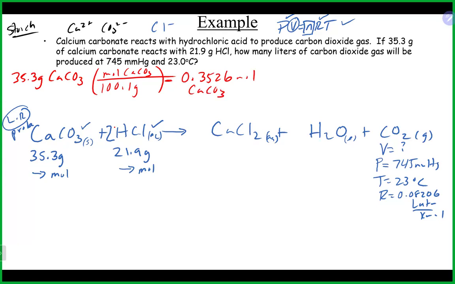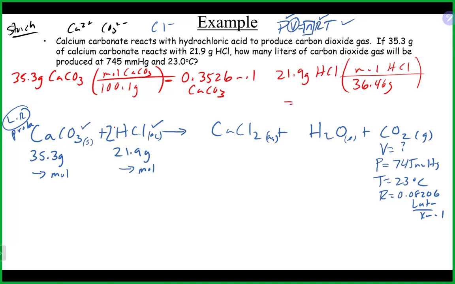We'll do the same thing for our other reactant, which is 21.9 grams of HCl. We'll go to the periodic table, get our molar mass of HCl, which is 1.008 for the hydrogen, 35.45 for the chlorine, 36.46 grams per mole of HCl. Again, from the periodic table there.